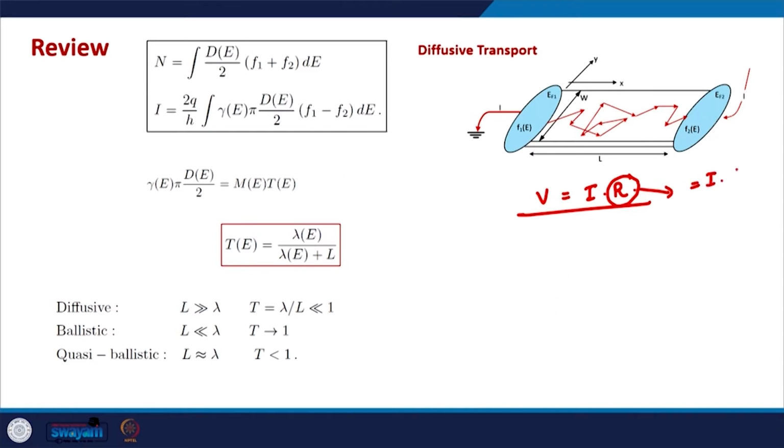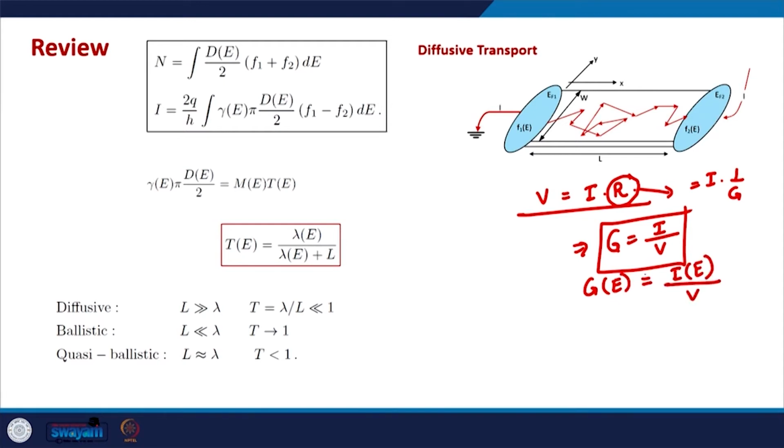So, the conductance is essentially current divided by voltage. So, the conductance of an electron at energy E will be the current that is contributed by electrons of that energy divided by the applied voltage.